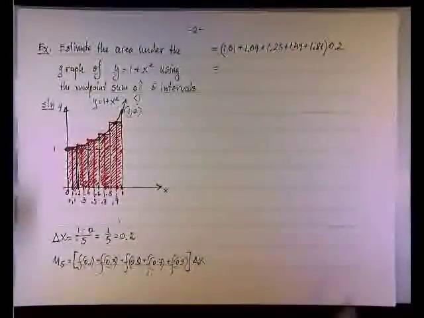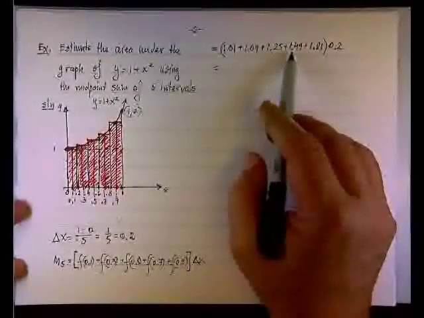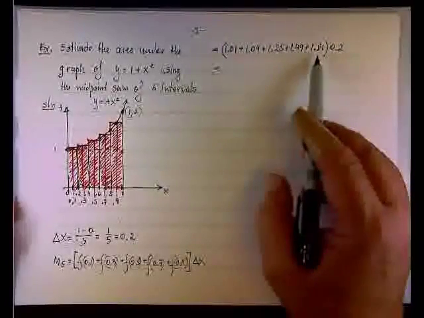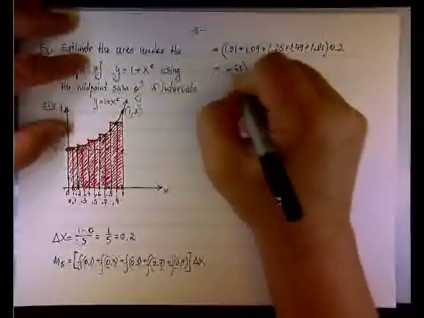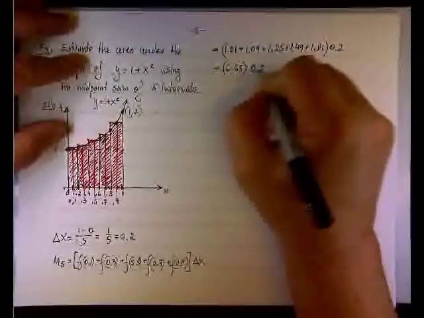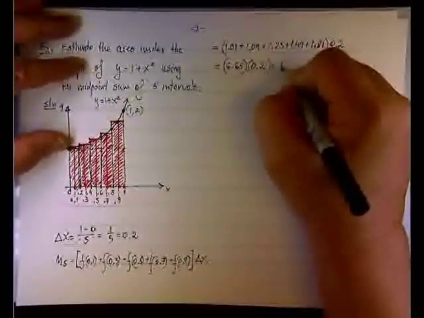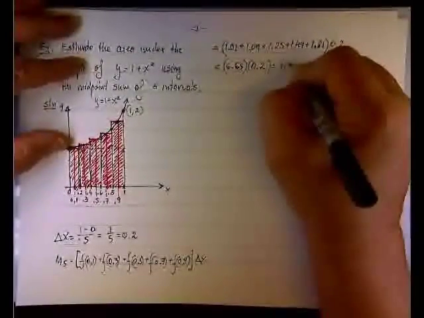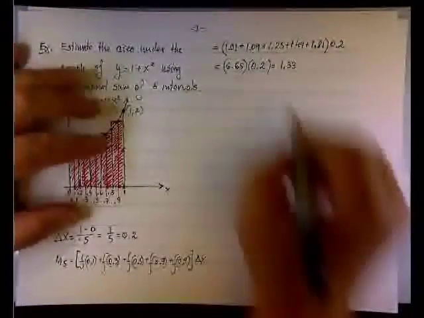Add them up, and you get 6.65. So it will be 6.65 times 0.2, or 6.65 divided by 5. So we have 1, and then 1.65, and then 3, and it is precisely 1.33.